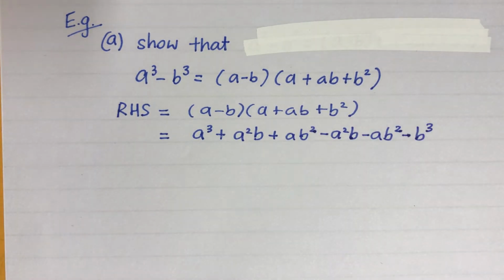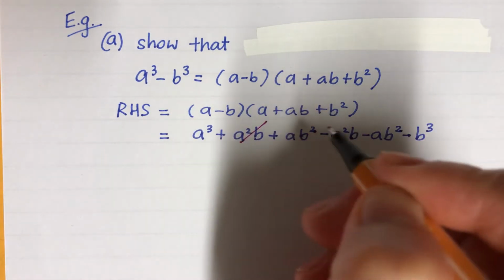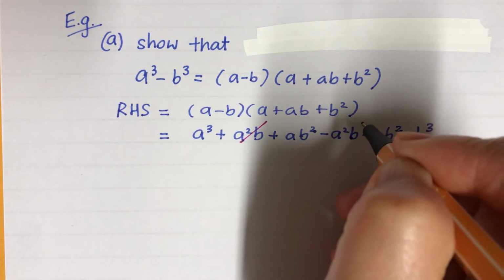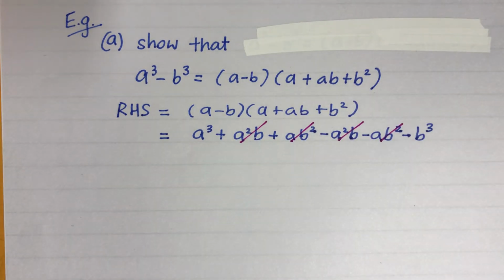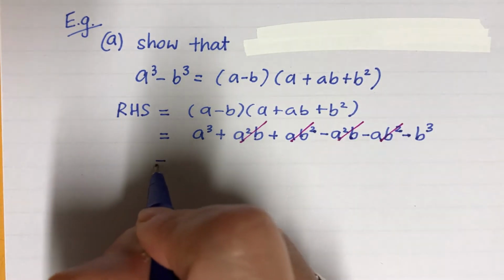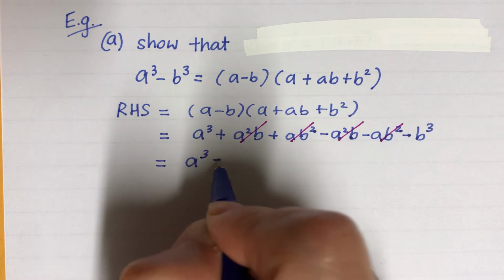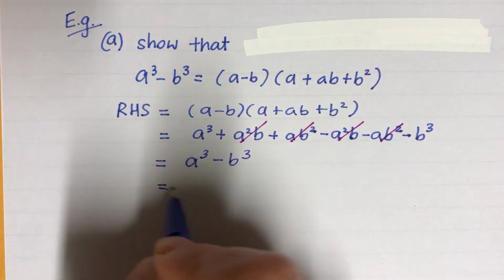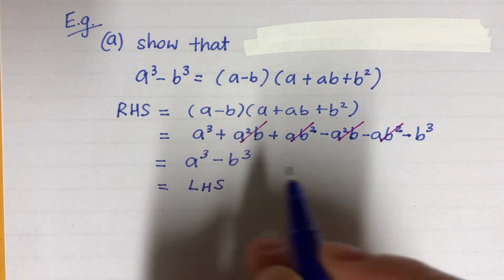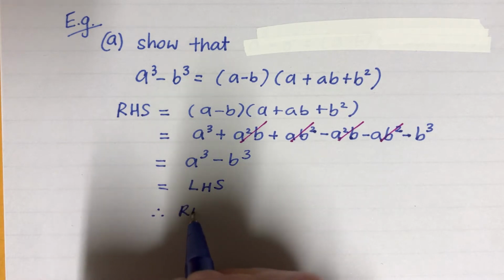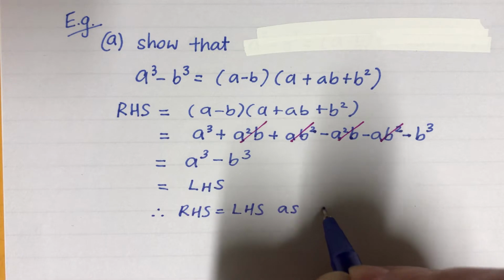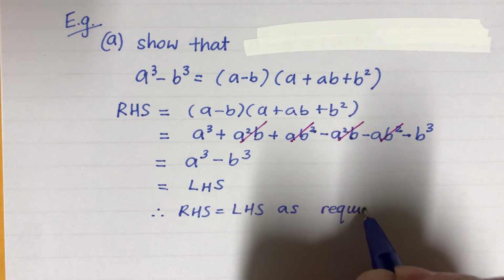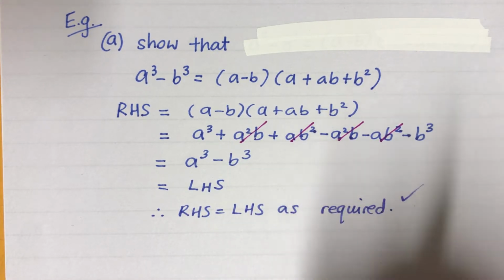And I'm going to cancel some of them out. Like that, and I'm left with very simple a cubed minus b cubed, which is the same as the left hand side. Therefore right hand side equals left hand side as required. Okay, done.